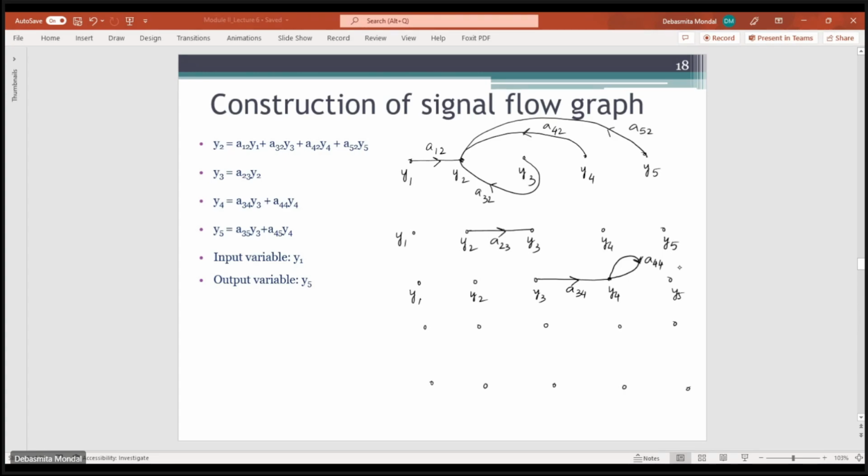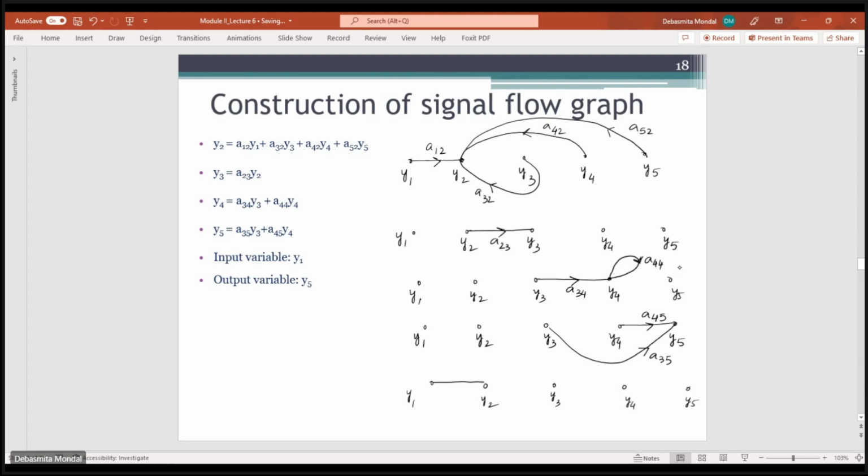Yes, ma'am. Okay, and then you have the last equation. So this is a45 and you have something coming from y3 to y5, that is a35. Now what you can do is simply connect all these together and you will end up with the final graph: y4, y5.